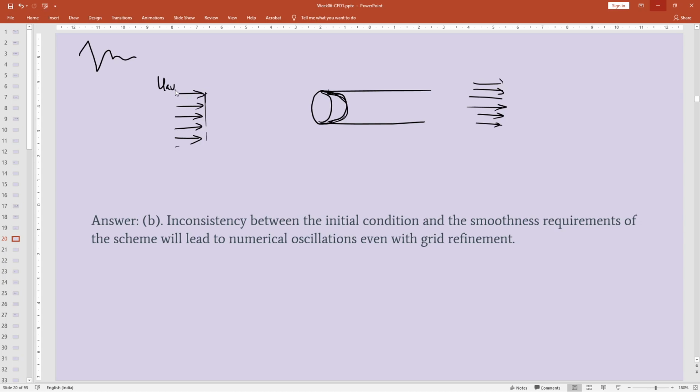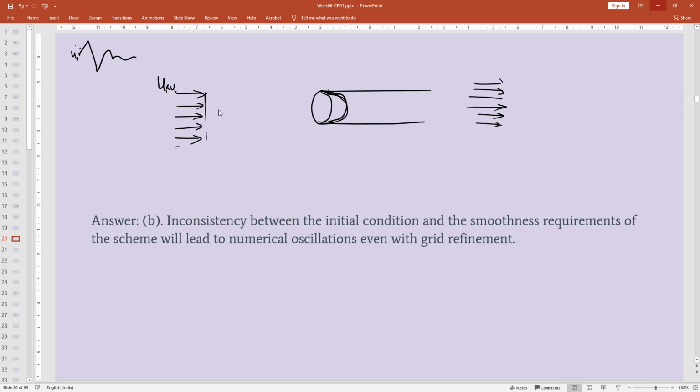Suppose UAV is the instantaneous average velocity at any time. This U1 AV is the velocity at time T1, coming in as such a square condition.